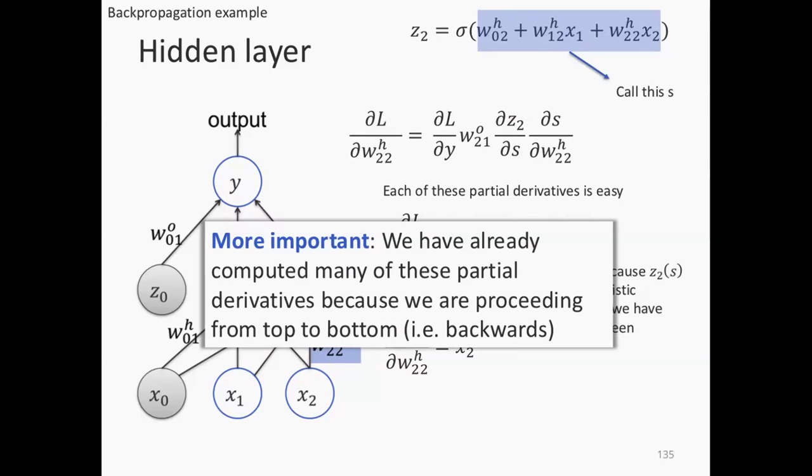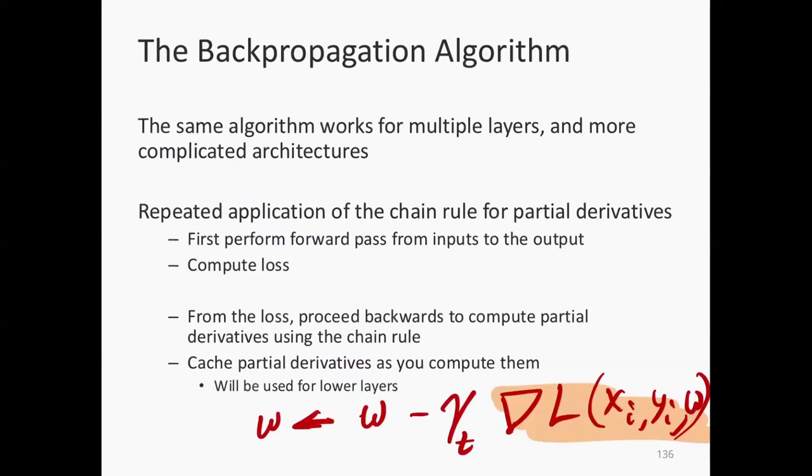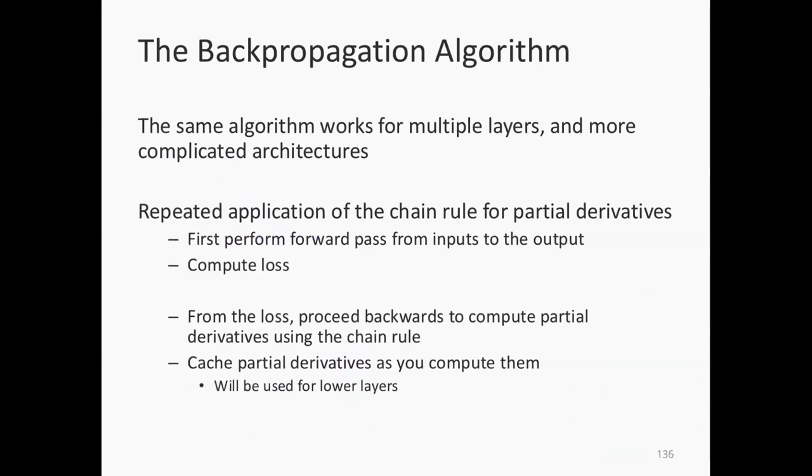In this cartoon example here, I used a two-layer neural network with just 2 hidden units and so on. But nothing here says that it only works for 2 layers. The algorithm doesn't really care about how many layers there are. You just go one step at a time and keep computing partial derivatives.